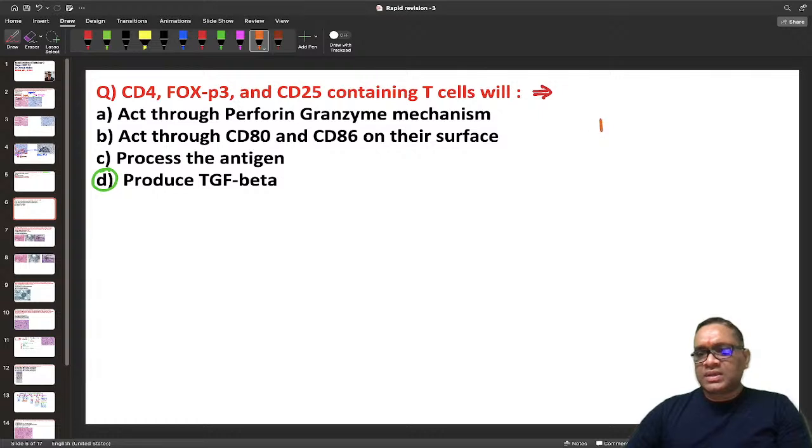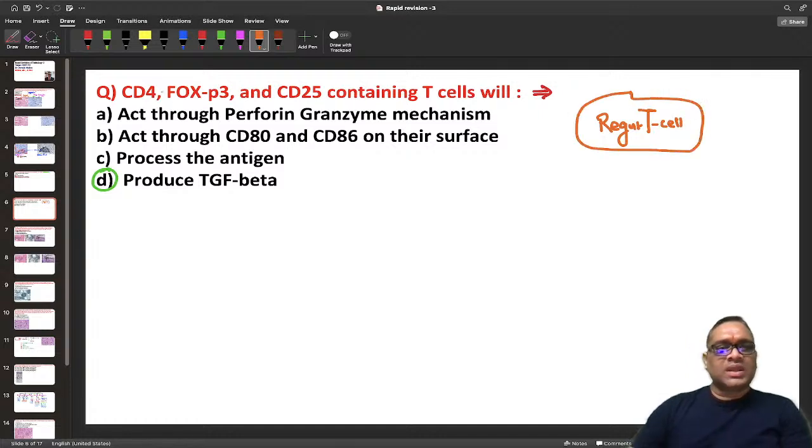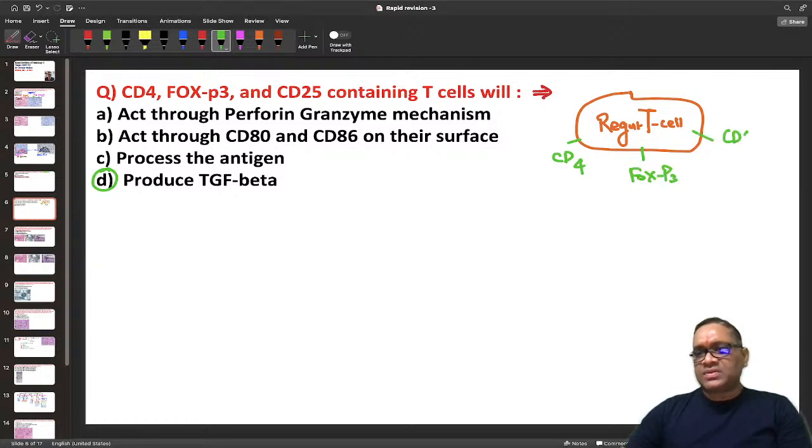These are the regulatory T cells. On the regulatory T cells, we will have all these receptors. They are derived from CD4 helper T cells. CD4 will be present, they have FOXP3, and they will have CD25.